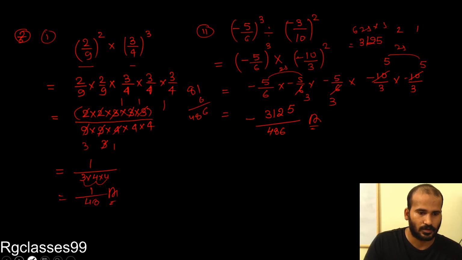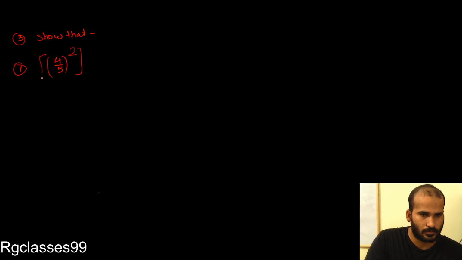Question number 3 is that show that. I'm just erasing these things. Okay, in question number 3 it says you have to show that 4 by 5 to the power 2, to the power 3 is equal to 4 by 5 squared into 3.